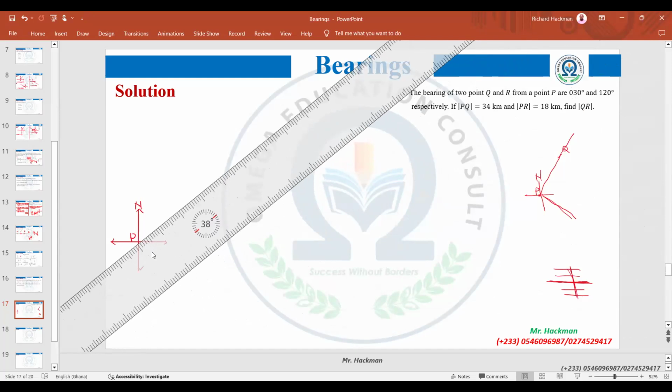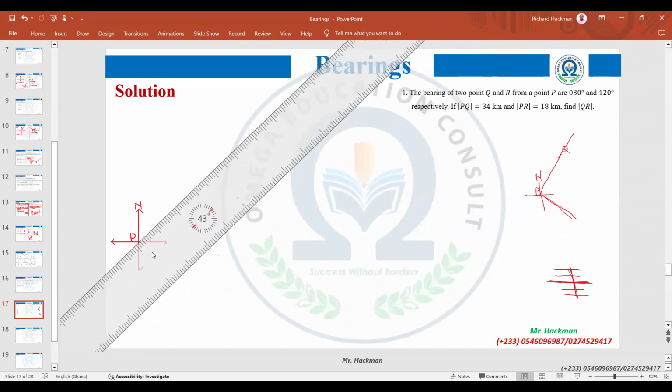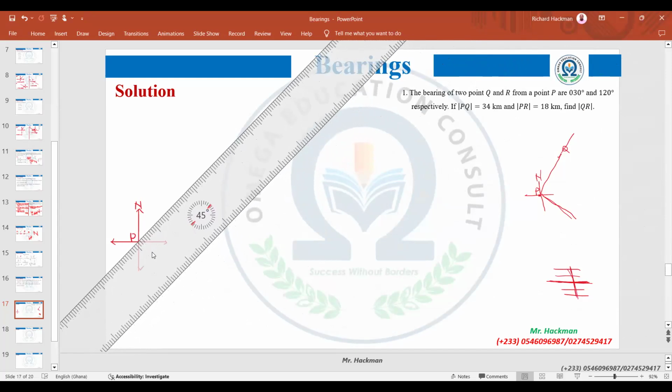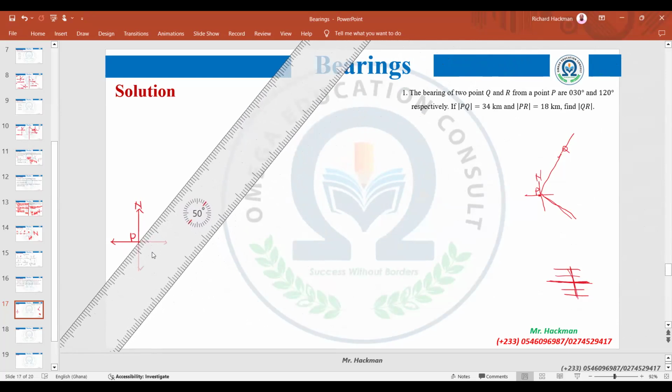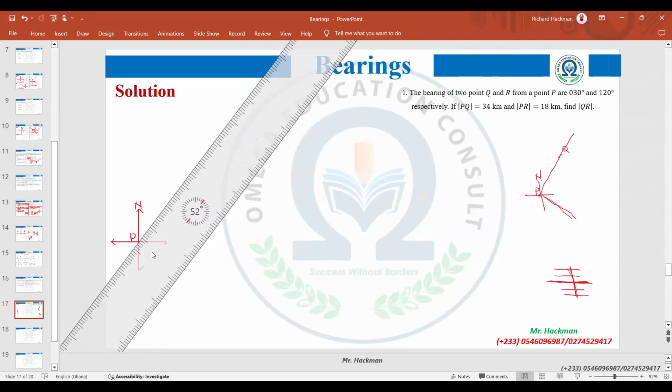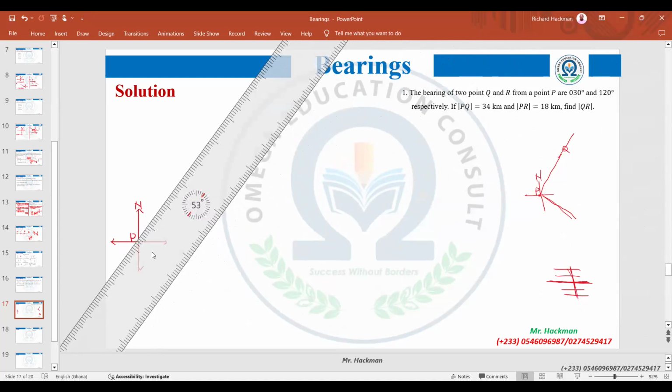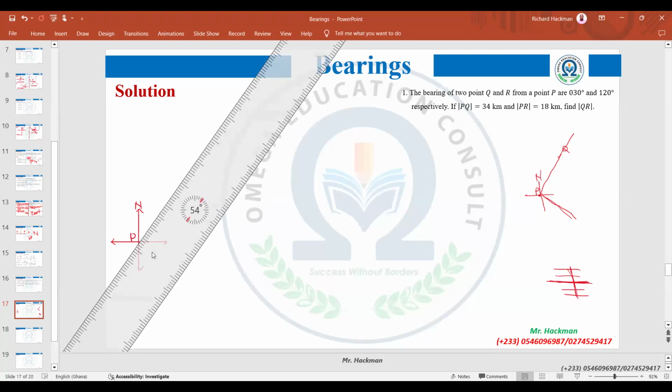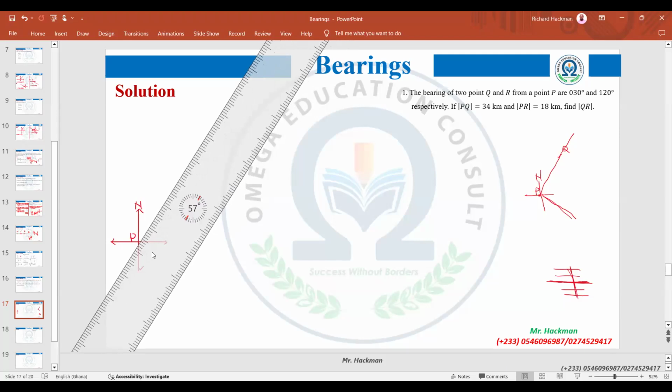It means the 30 degrees line that we are going to draw, though it's not drawn to scale, should be closer to the north line than the east line. So take note of that. You shouldn't go beyond the midway line, which is the 45 degrees. So 30 degrees, that's what I have.